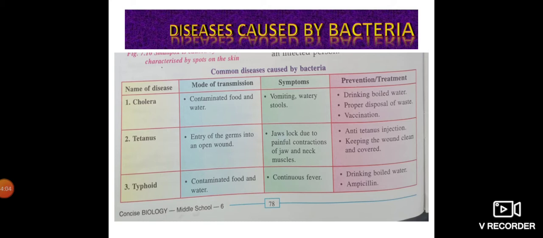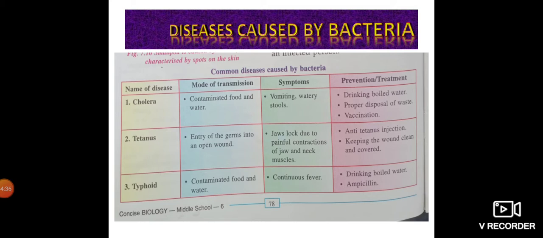It occurs due to infection of the intestine. The symptoms are vomiting and frequent loose motions, and the stools may be whitish, like rice water.